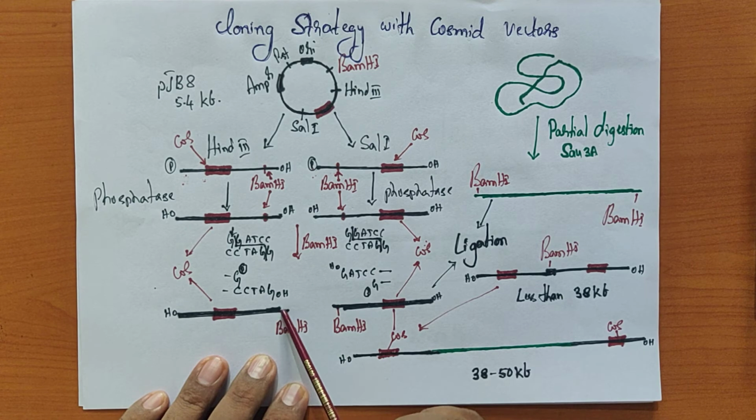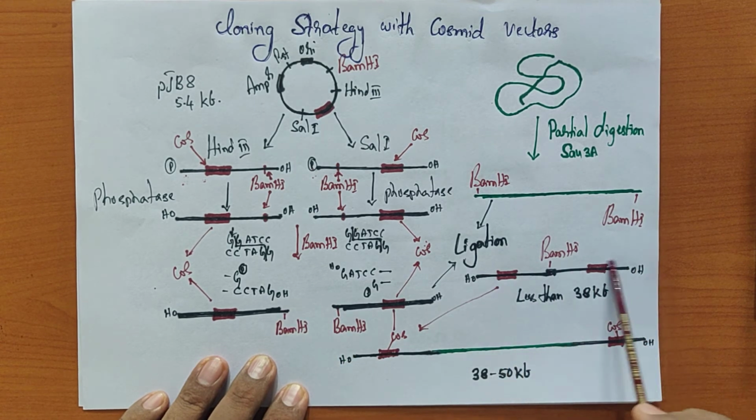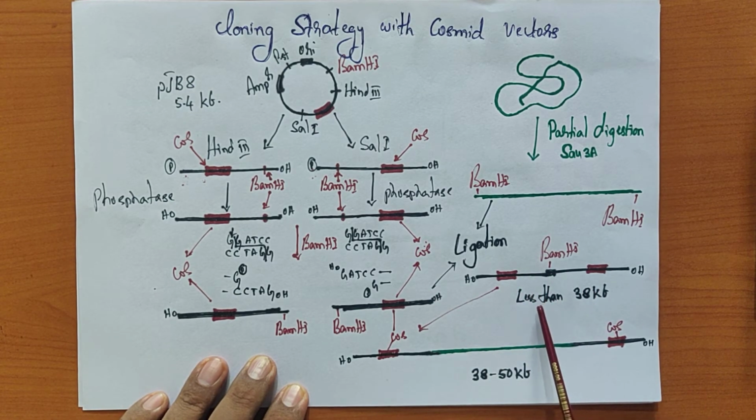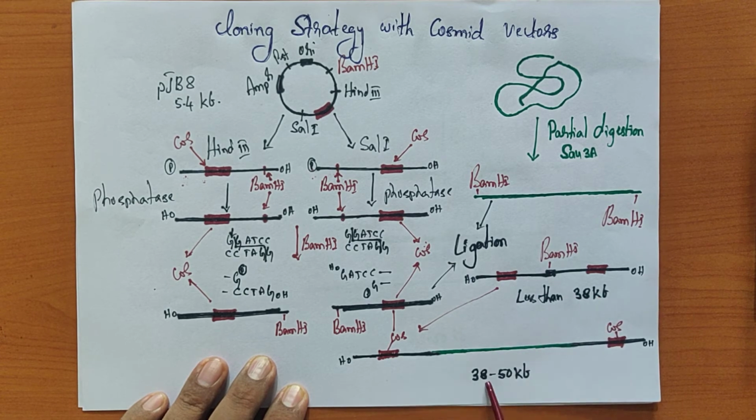This end and this end can combine together to generate a linearized DNA. So we have two cos sites. Now the distance between the two cos sites is so small, lesser than the 38 kilobases which is required. This is not going to get packaged. So whatever number of ligation products you get, this particular species will never get packaged.